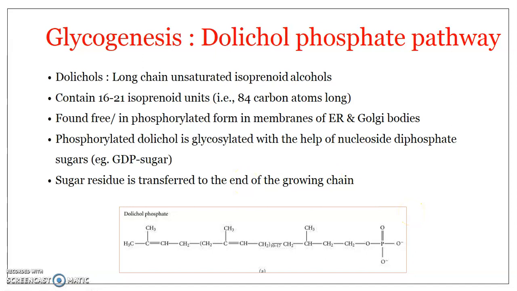So glucosyl units are transferred from UDP glucose to an intermediate acceptor, the dolichol phosphate, and a dolichol phosphate bound oligosaccharide is formed. This oligosaccharide is then transferred onto a protein molecule with the help of a glycogen synthetase, and this forms a protein bound oligosaccharide, so it is a protein plus the oligosaccharide.